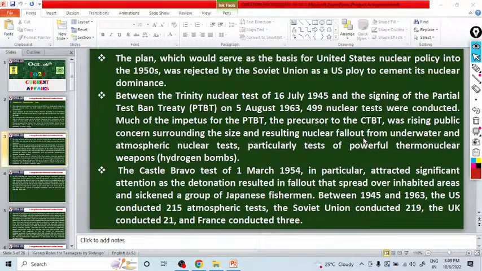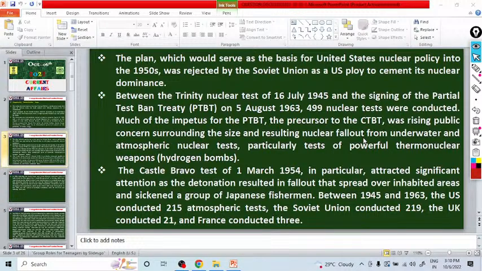So even after using nuclear weapons in the Second World War, USA remained the top nuclear test conducting country in the post Second World War period by conducting 215 atmospheric tests of nuclear weapons, whereas the then Soviet Union, the competitor of USA, slightly conducted more, that is 219.